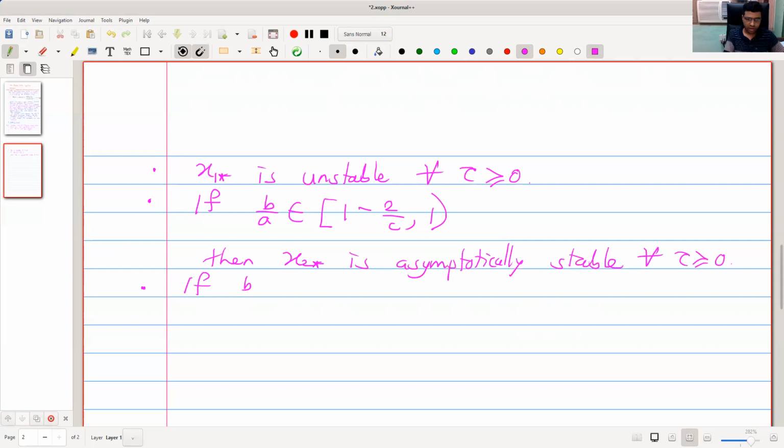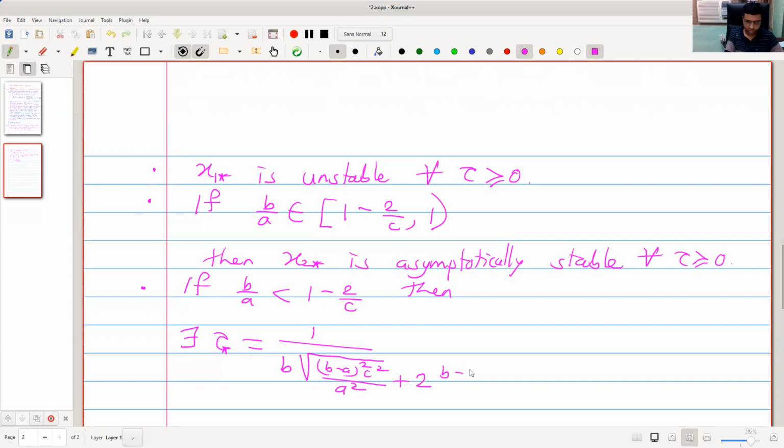If b upon a is less than 1 minus 2 upon c, then there exists a delay value tau star equal to 1 upon b square root of ((b minus a) square c square divided by a square, everything is under root, plus 2 times (b minus a) into c divided by a).